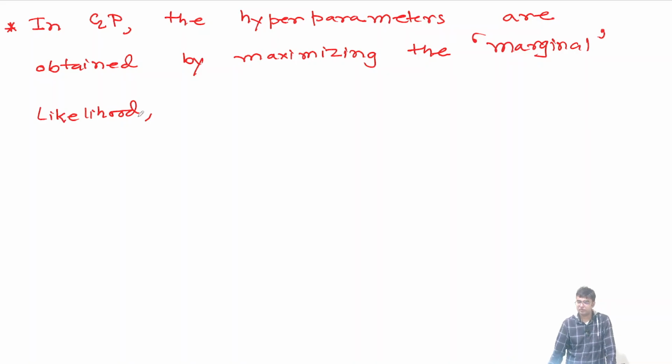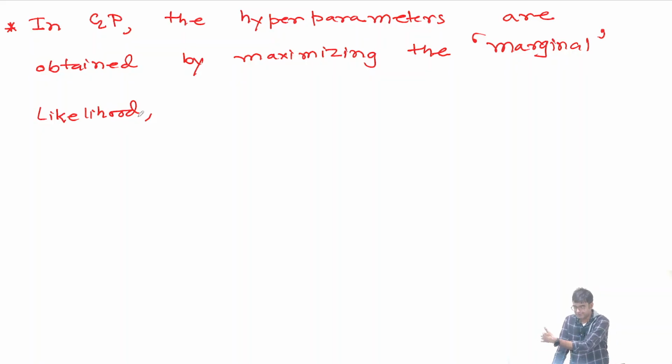Okay. So what is my marginal likelihood? What was my likelihood? Probability of t given y. X was also there, but t given y, right? Marginal likelihood will be probability of t. Or if it was probability of t given y comma x, then marginal likelihood is probability of t given x.